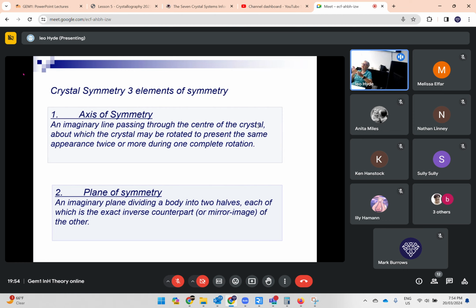And of course, if there's a face at the top and the face at the bottom, they're going to be basal pinacoids. So again, if you know your definitions, then you can apply them when you're counting your faces and what directions they are.